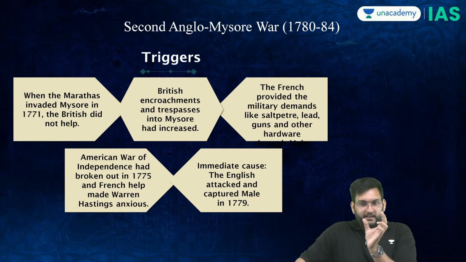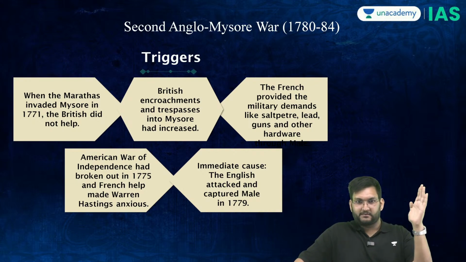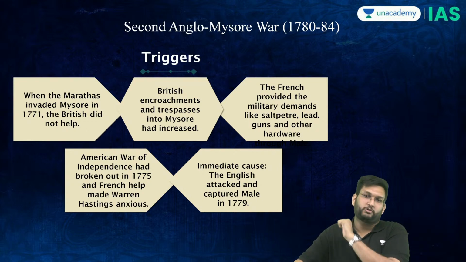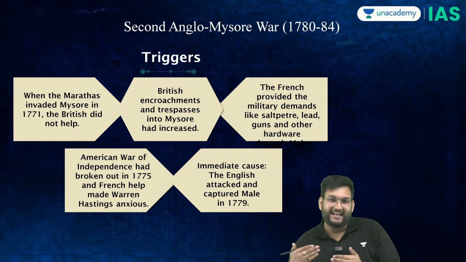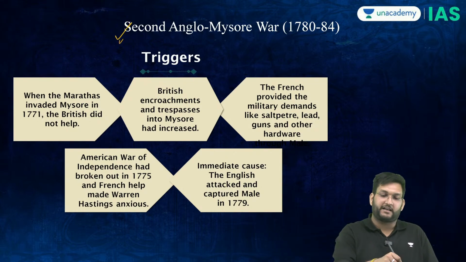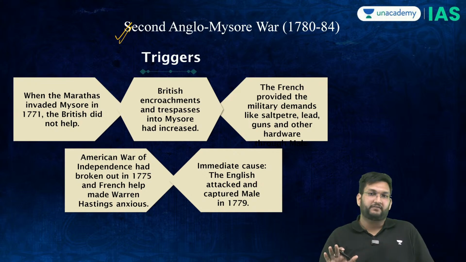And this is where the British were able to see a pattern. The French are helping the Americans. From Mahe, the French are helping the Mysorean sector. In order to check that, the English will attack Mahe, and this will in turn create the context for the second Anglo-Mysore War. Again, they will fight for 2.5 years. Nothing really is going to happen.